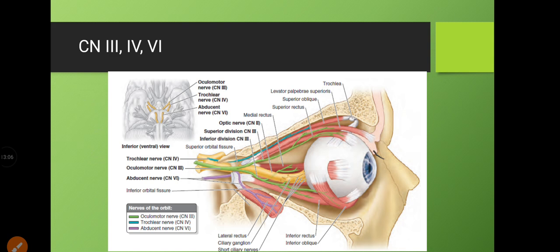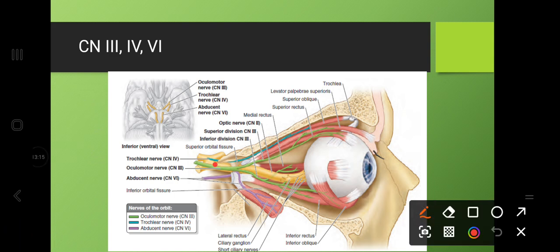Here is a summary of the cranial nerve number 3, 4, and 6. The third cranial nerve, oculomotor nerve, through the superior and inferior division, supplies levator palpebrae superioris, superior rectus, medial rectus, inferior rectus, and inferior oblique.